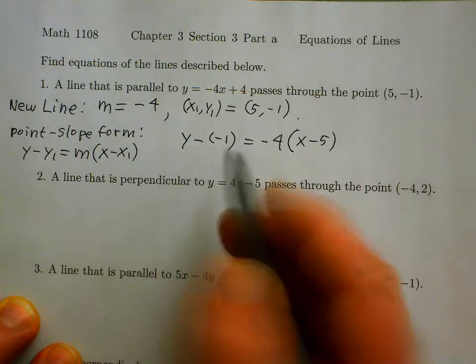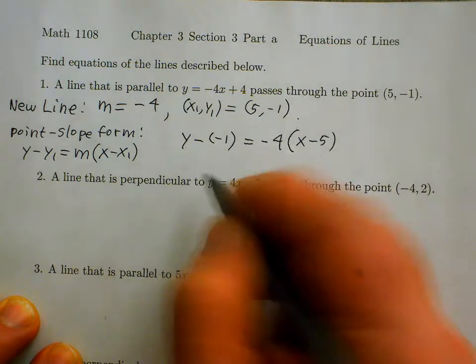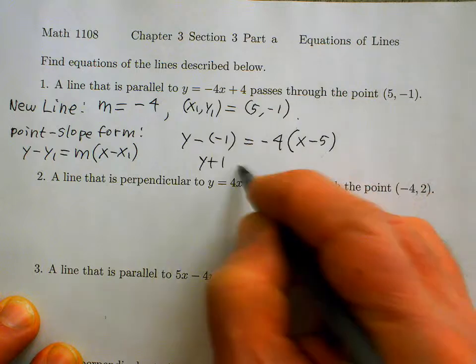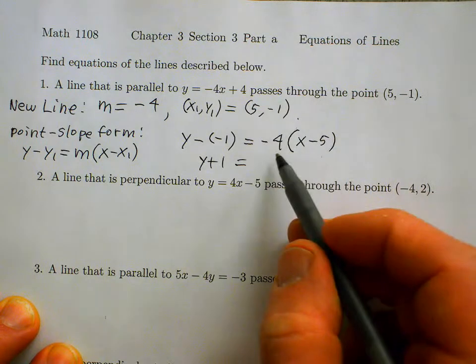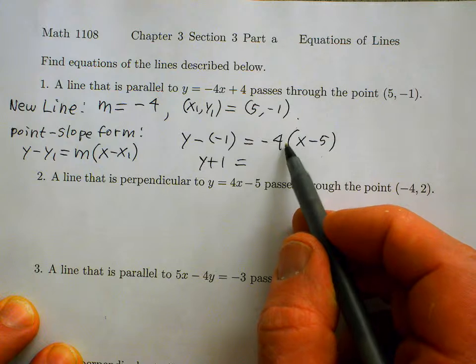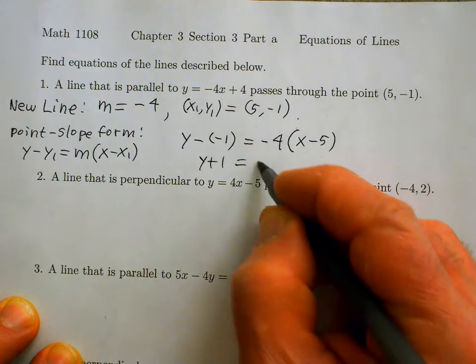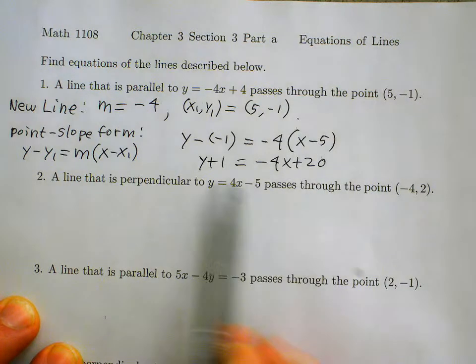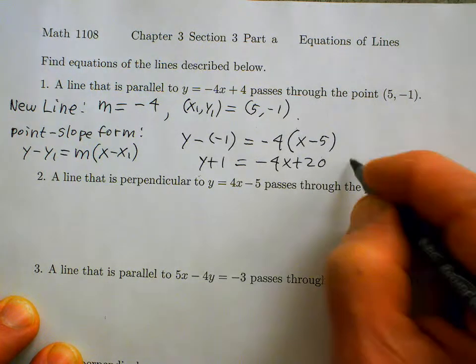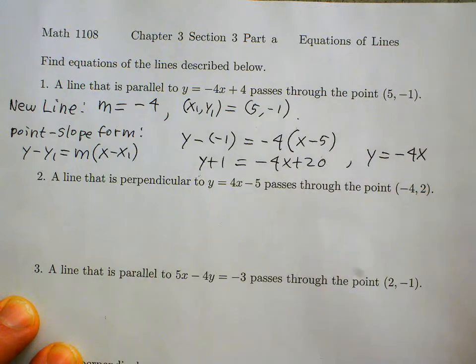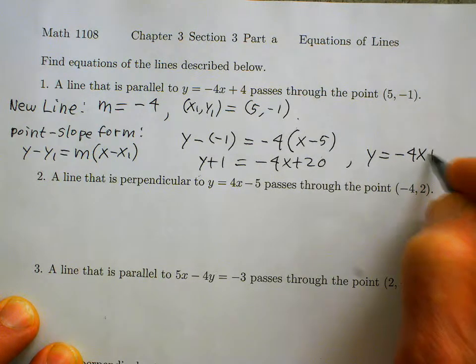Y minus negative 1, we should simplify this part. Y minus negative 1 is y plus 1. And if we want to get it into slope-intercept form, we'll distribute multiplication by negative 4. So we get negative 4x plus 20. And then subtract 1 from both sides. So we get y equals negative 4x plus 19.